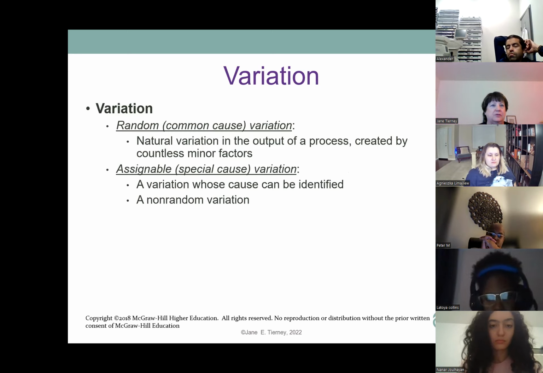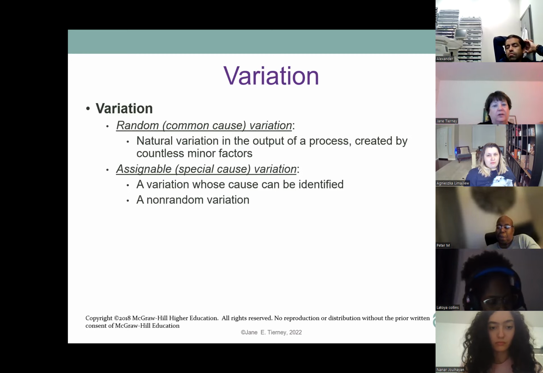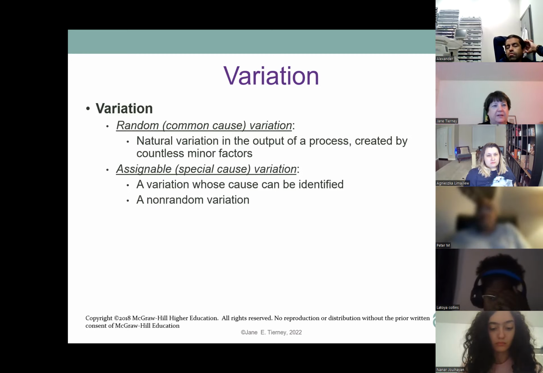So there are a lot of minor factors. But if we have assignable variation, then we can identify the cause of that. In my example, if we took say 5 or 6 different measurements on one side and they're all 5.8, then we've got a cause here that's causing all of these to be that. And it's probably that we just didn't dig this hole big enough, or didn't flatten that out to make this a 6-inch foundation.